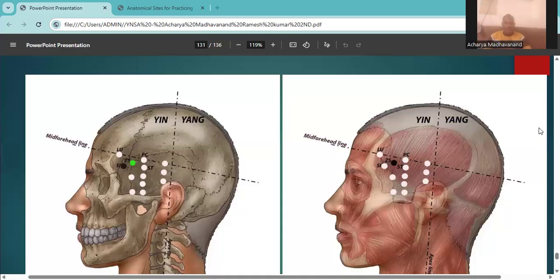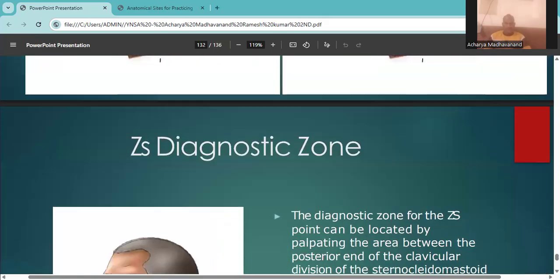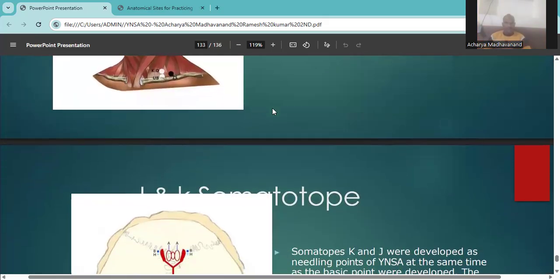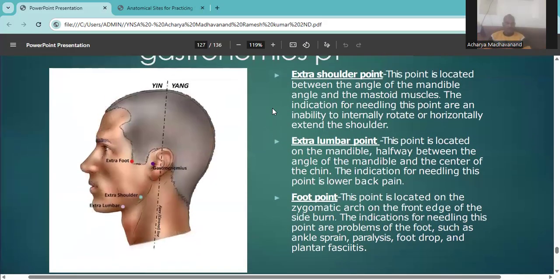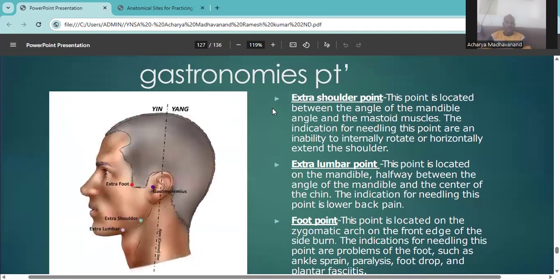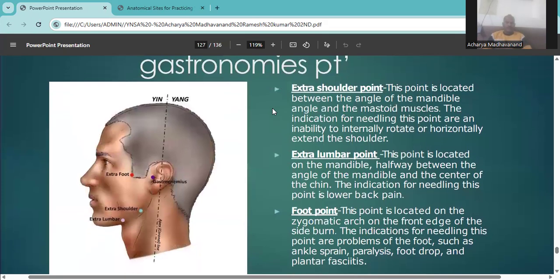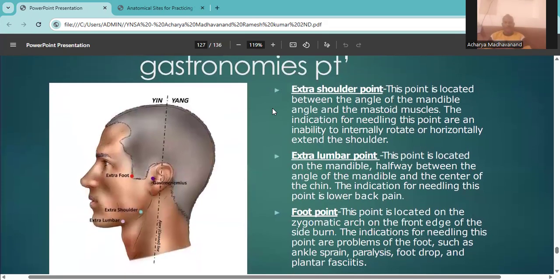Then doctor, go for 127 please. There are some extra points in Yamamoto scalp acupuncture.